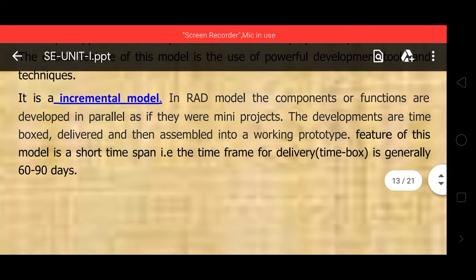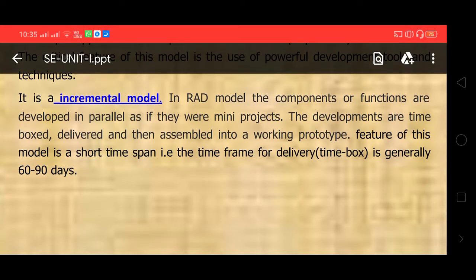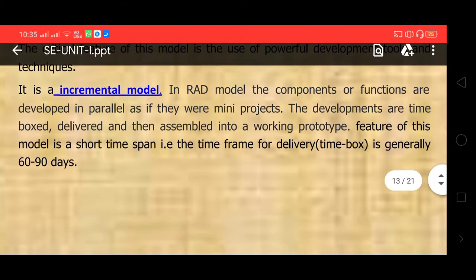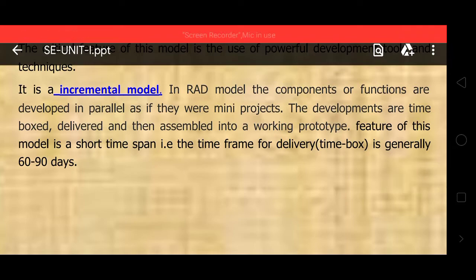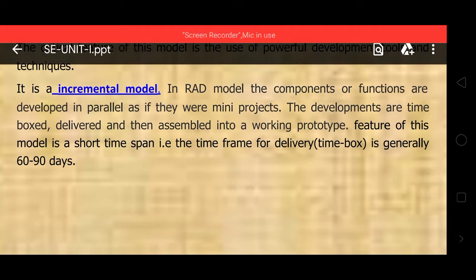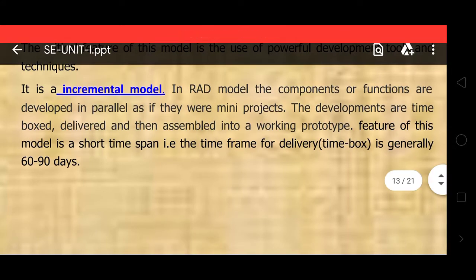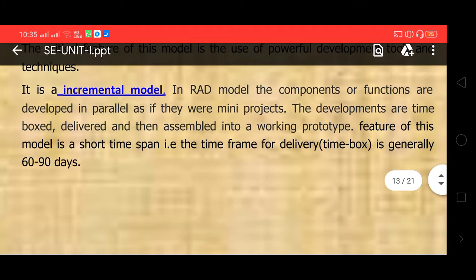A feature of this model is a short time span. That is, the time frame for delivery, the time box, is generally 60 to 90 days. It is almost like a mini project.